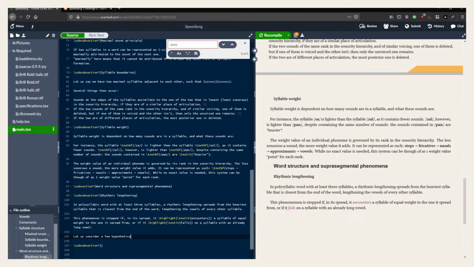A few hypothetical word structures. Will be written are the weight values with an additional marker for length or for the quantity of the vocalic... begin itemize.